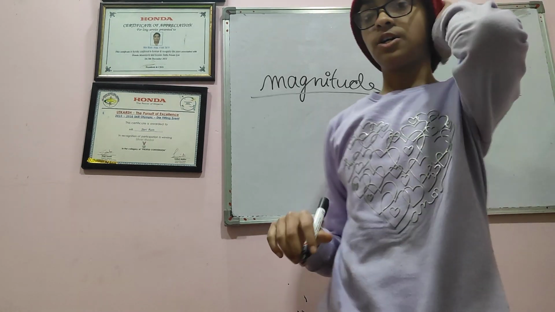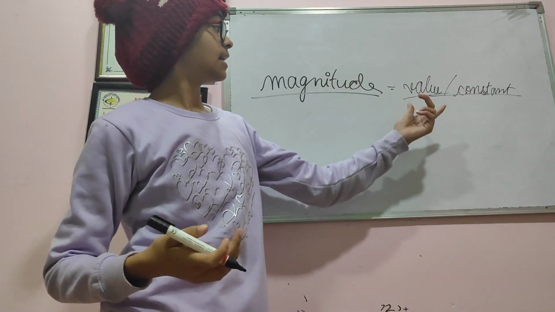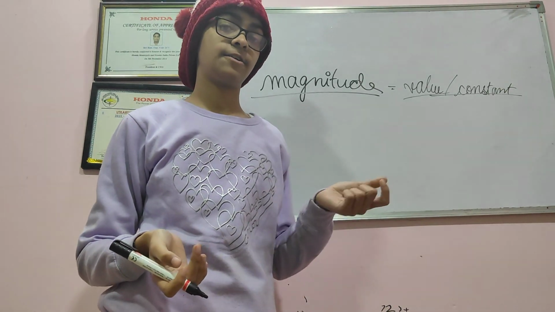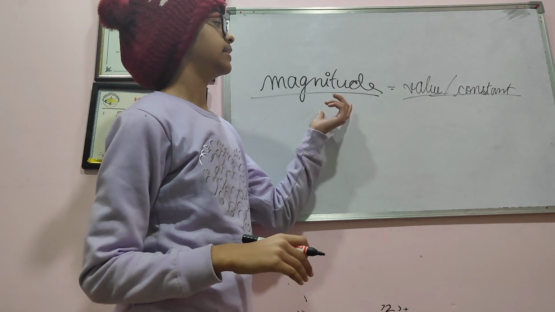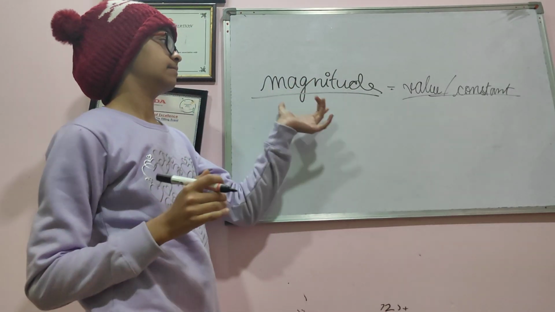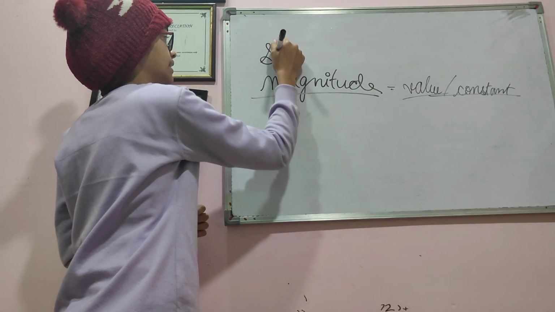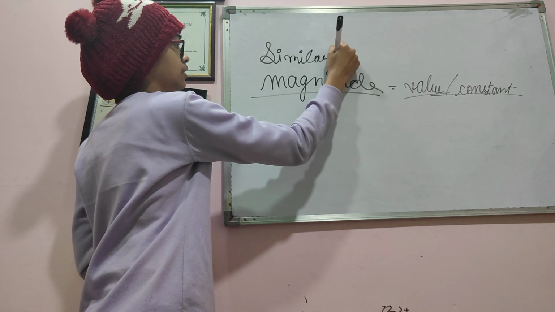As I said, speed is equal to 10 meter per second. 10 is a constant, and in velocity I also gave 10 meter per second or 5 meter per second. Any constant you can take, but both scalar and vector have magnitude. That is the similarity.